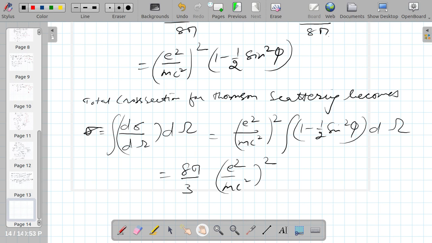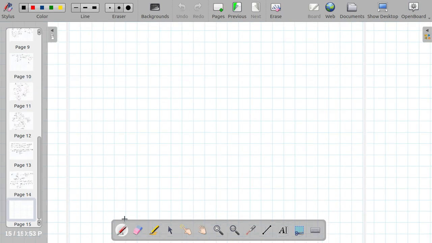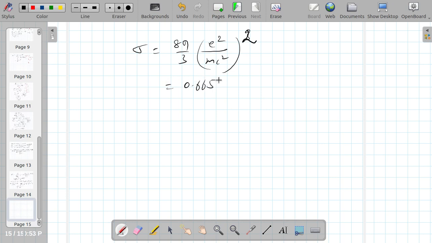So therefore sigma, the total cross section, will become 8 pi by 3 e square over mc square raised to power 2, and this comes out to be 0.665 into 10 raised to power minus 24 centimeter square, and this is per electron.